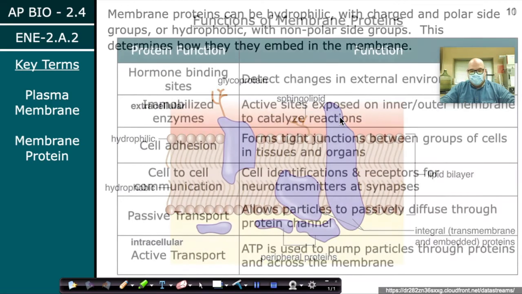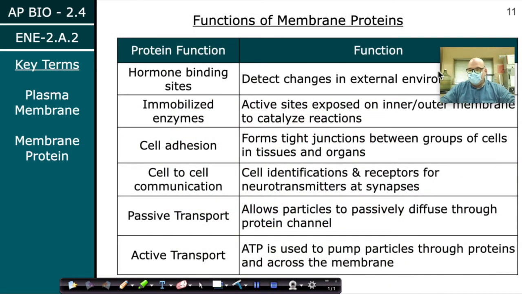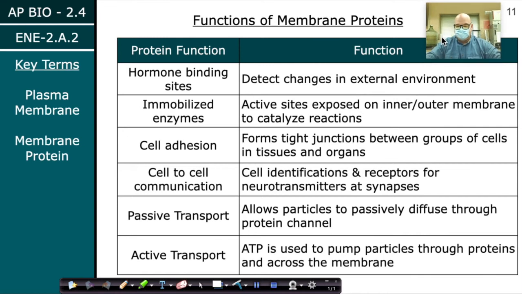All right. So here's an extensive list of different membrane protein types and functions, okay? So some of these proteins, I'm just kind of going to check mark my way down them. Hormonal binding sites. Your endocrine glands in your body make different hormones to regulate what's happening in your body.